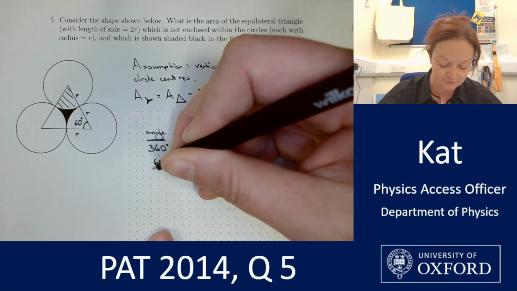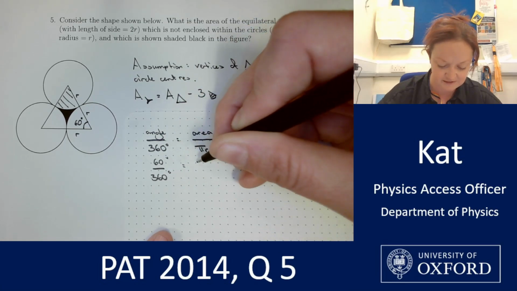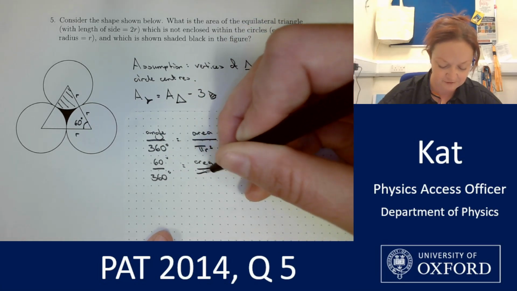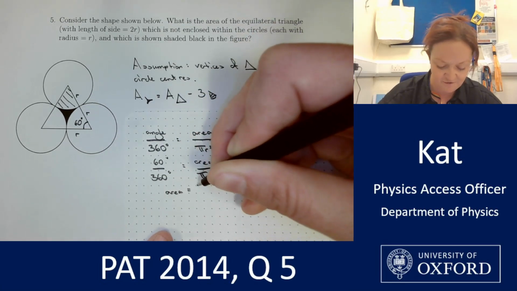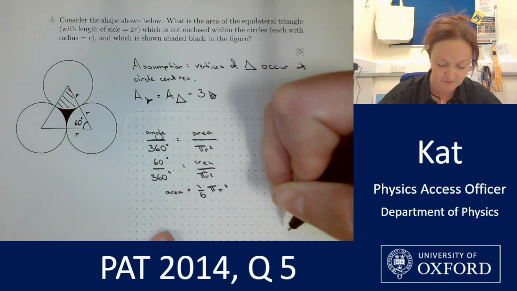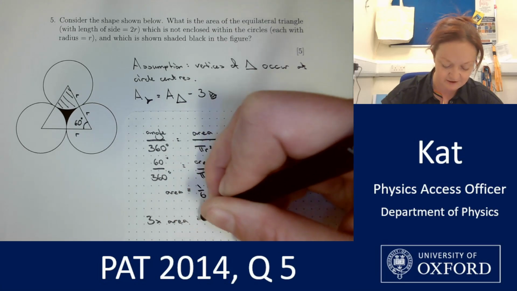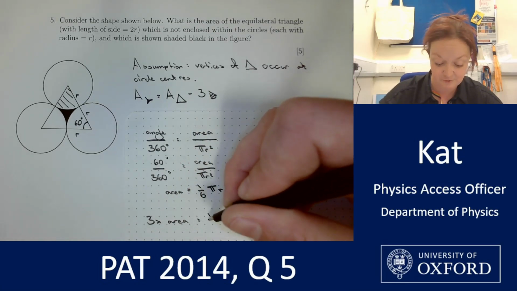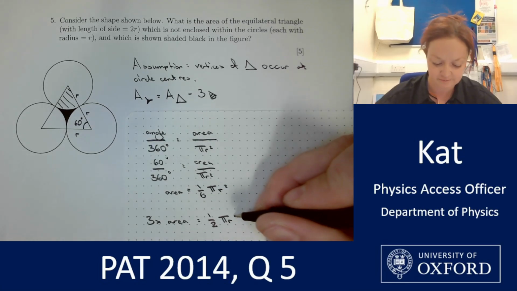Because it's an equilateral triangle, 60 out of 360 is my area out of pi r squared. My sector area is therefore 1/6 of pi r squared, and 3 times my sector area is 3/6, or 1/2, of pi r squared.